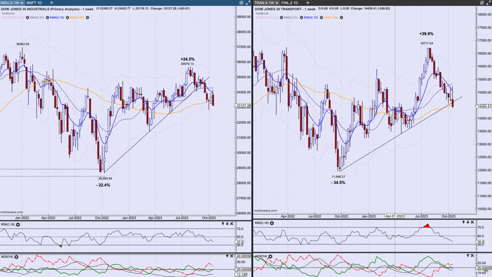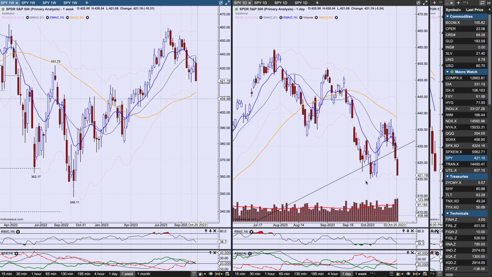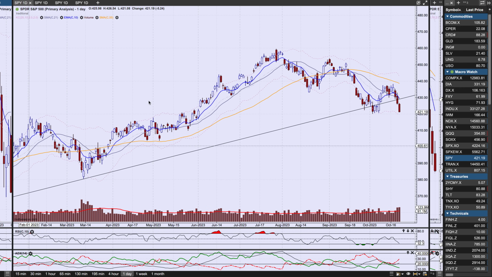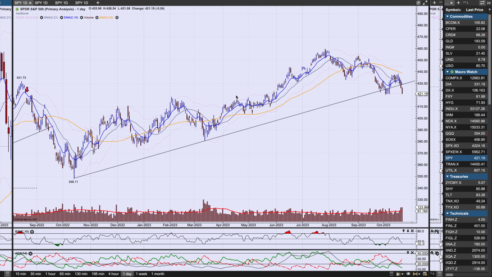Let's go take a look at the SPY. Okay, on Friday, the SPY was down 5.24 points, down 10.31 for the week. So we just looked at that weekly picture on the SPX. Look at this daily picture. Pretty negative picture. And this trend line that I'm talking about right here is the trend line all the way from October.